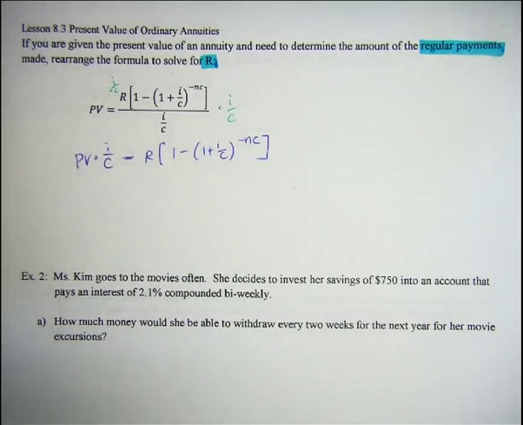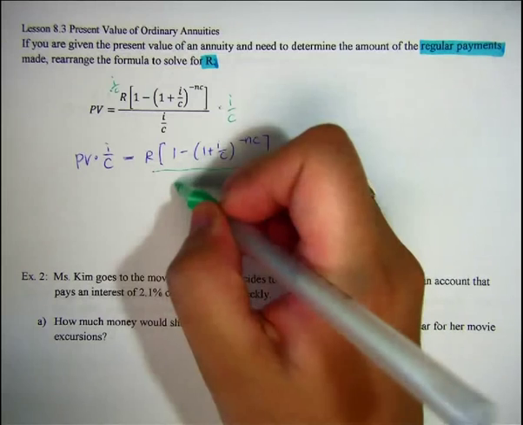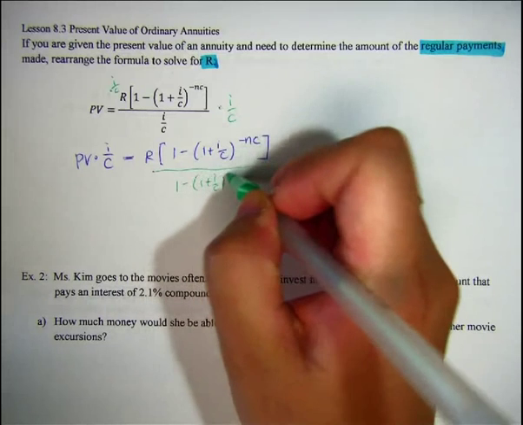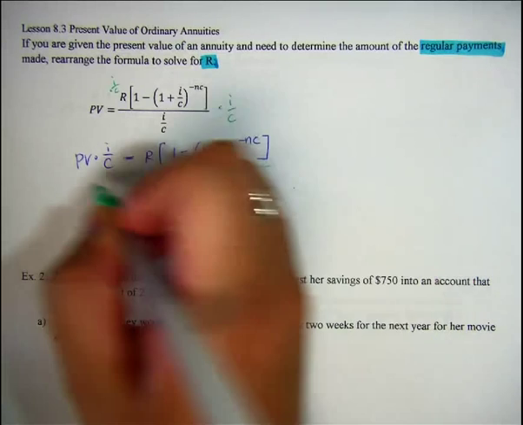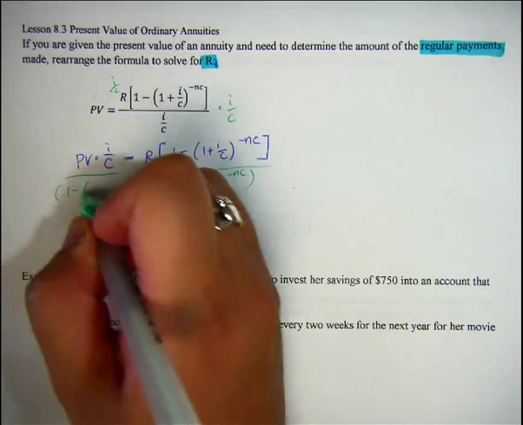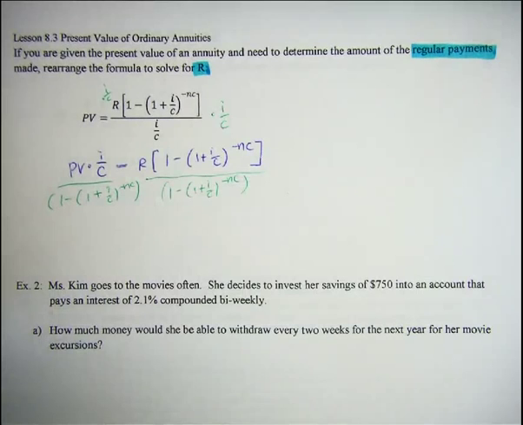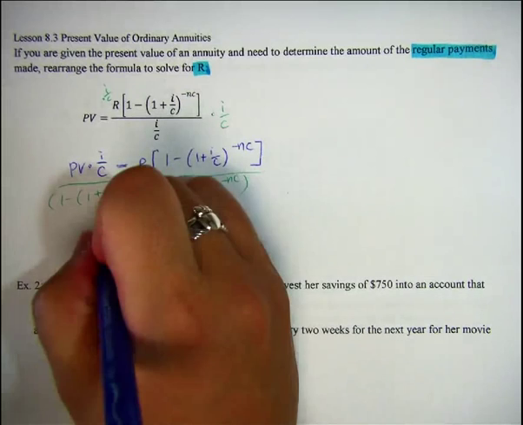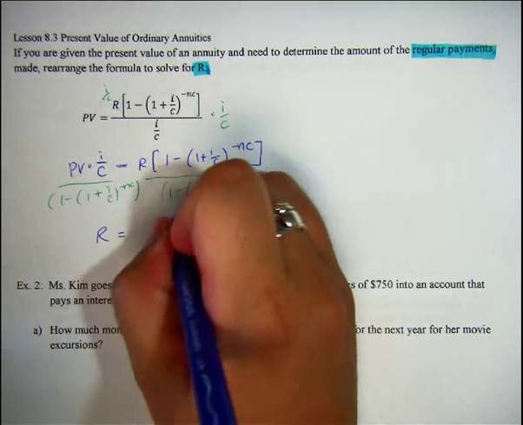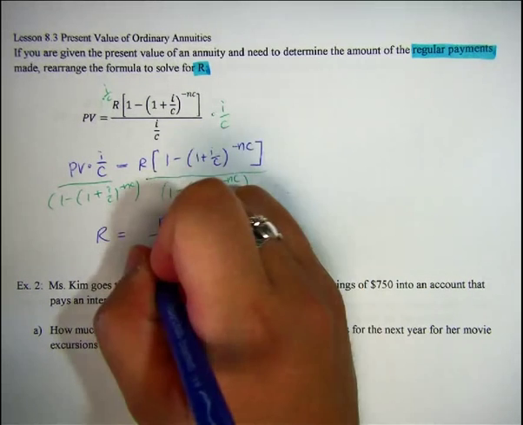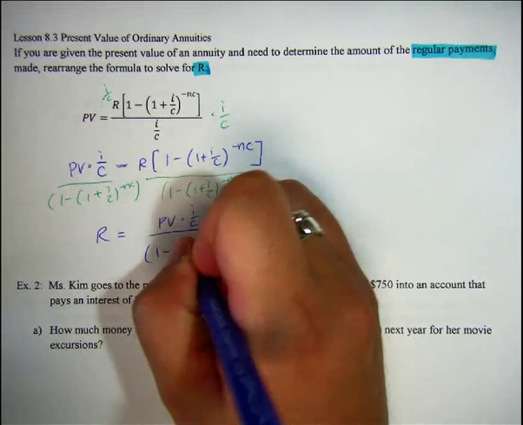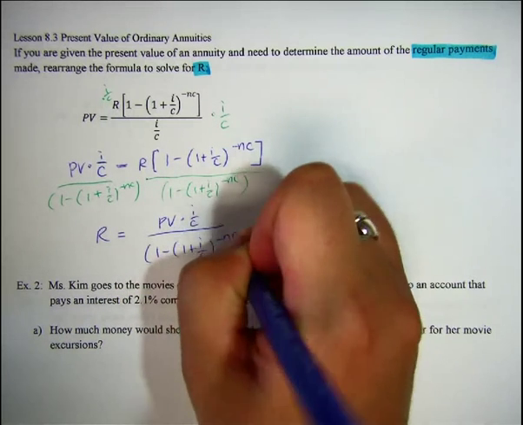And then I want to move this entire bracketed expression to the other side, so I'm going to divide both sides by that. So I would end up with R is equal to PV times I over C divided by 1 minus 1 plus I over C to the negative NC.